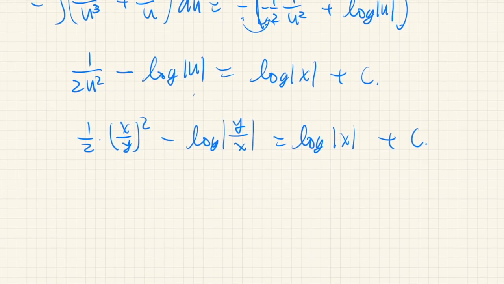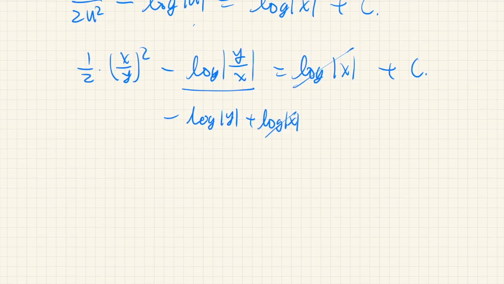And let's see, we can expand this log of y over x as log of y minus log of x, but with this negative sign we have log x on both sides and they can be cancelled. So after all, we have 1 over 2 times x over y squared minus log y equals some constant.